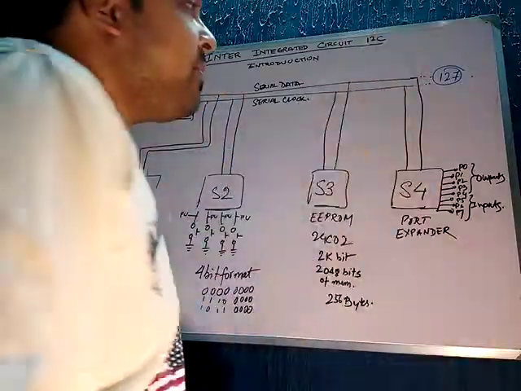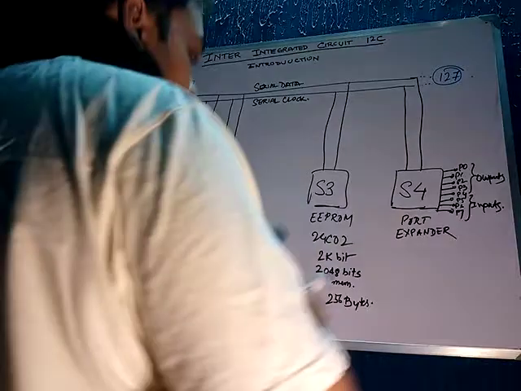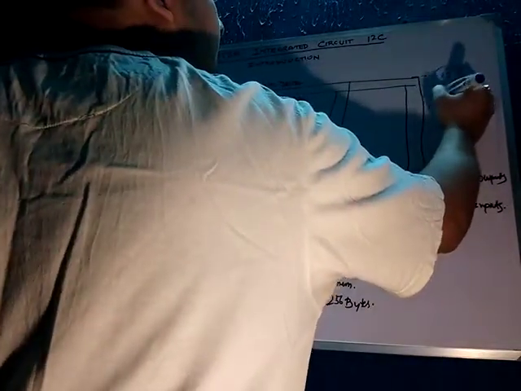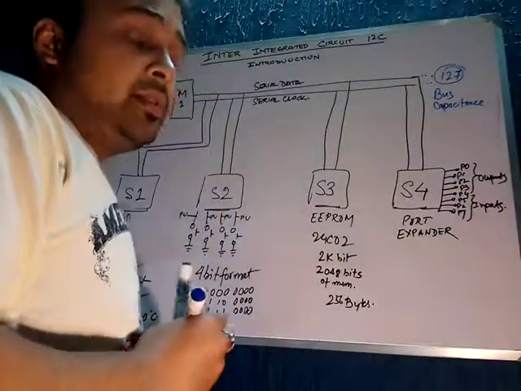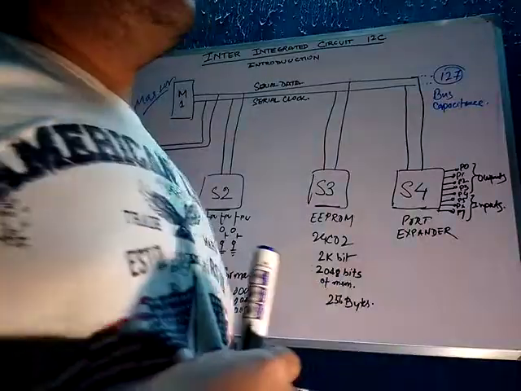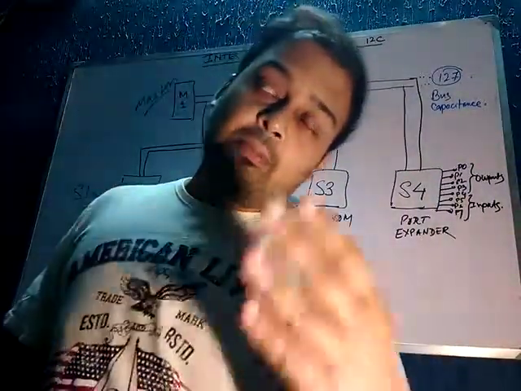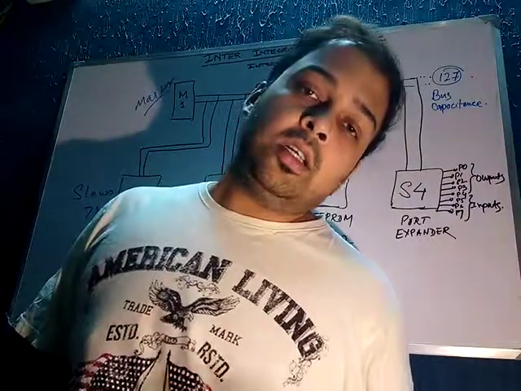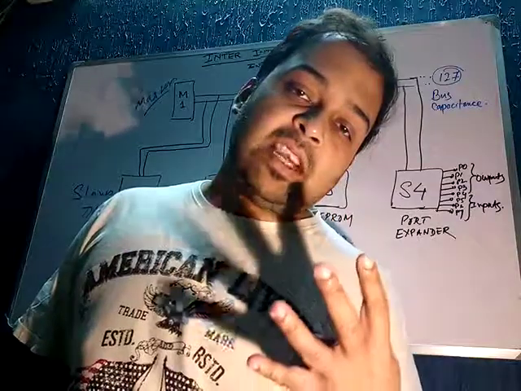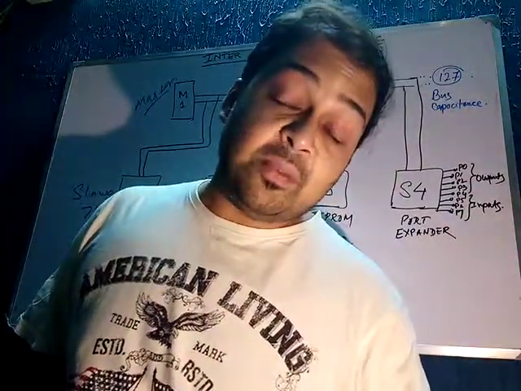Believe me, literally. Secondly, there is something called bus capacitance, which is very important. I will upload on my website a document where you can find the details and specifications of the I2C bus, given by Philips itself.